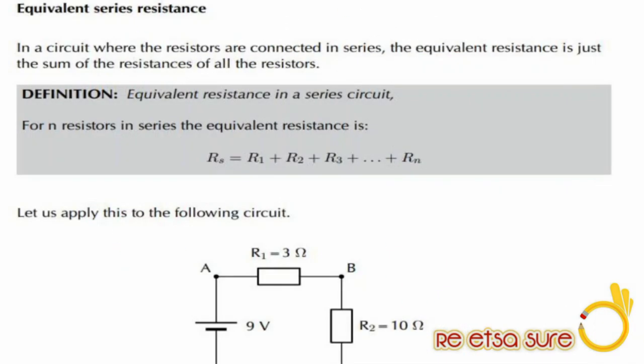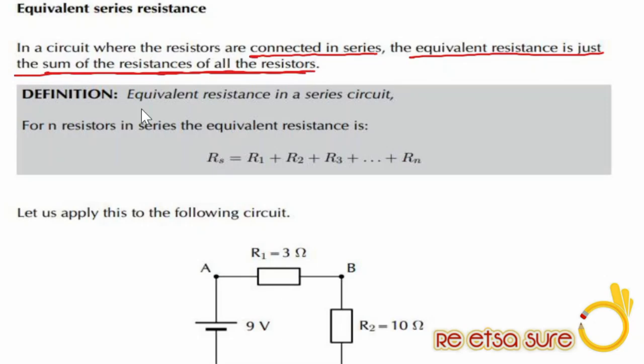Equivalent resistance is the same as total resistance. Equivalent series resistance: in a circuit where the resistors are connected in series, the equivalent resistance is just the sum of the resistance of all the resistors.